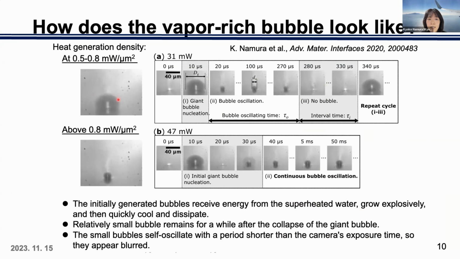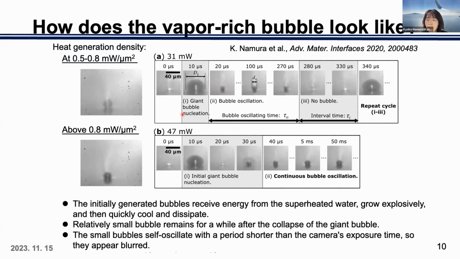In this case, more than 99% of the bubble interior is vapor. For the bubble to nucleate, the water must be locally superheated above 100 degrees C. So the initially generated bubble receives energy from the superheated water to grow explosively, and then quickly cools and disappears. After that, a relatively small bubble remains for a while.